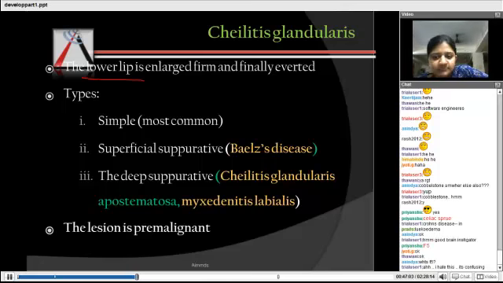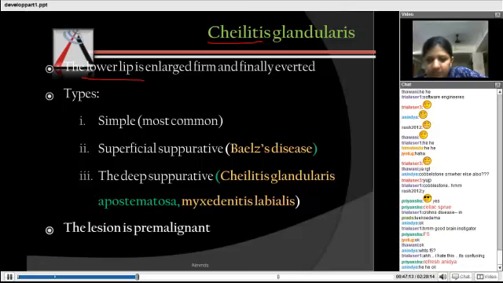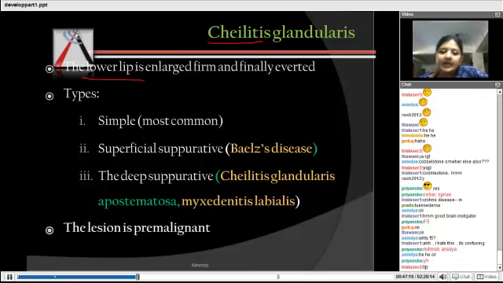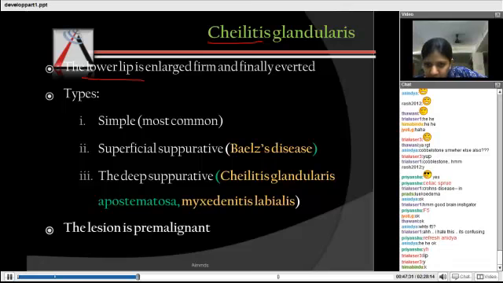Cheilitis means it has to do something with the lip. Glandularis means related to the glands. So let's take it as the enlargement of the glands. It has to do with the lip and the glands, and because of the enlargement, your lip becomes huge and finally becomes everted. Everted means it pops out, not completely, but it gets enlarged.